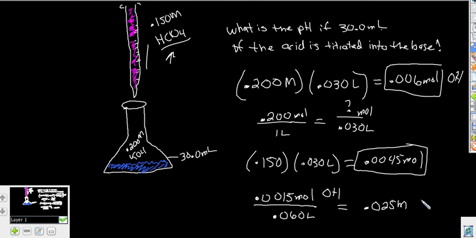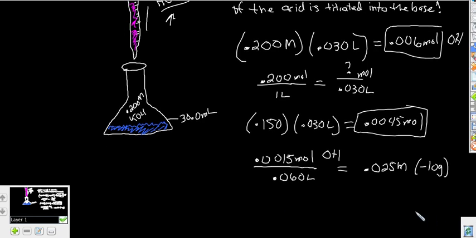And if I want to find the pH of that, actually I'd be finding pOH because this is a hydroxide ion concentration. I take the negative log of that. The negative log of that is going to give me 1.60 for my pOH. If I subtract that from 14, I can find that the pH equals 12.4.